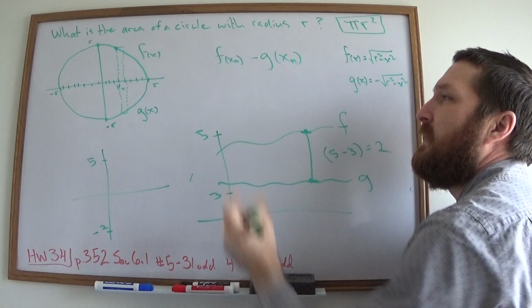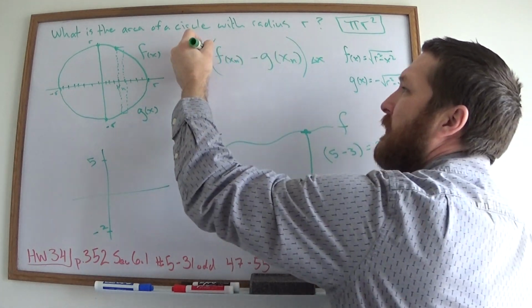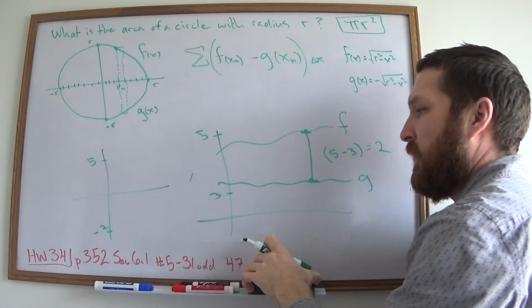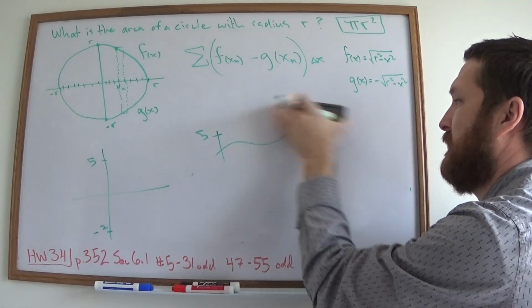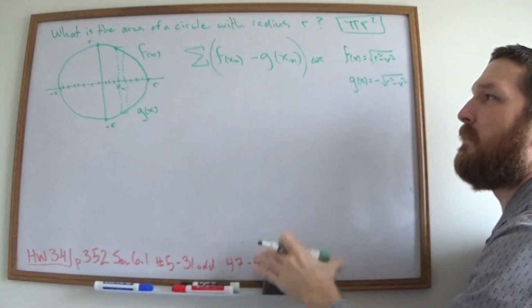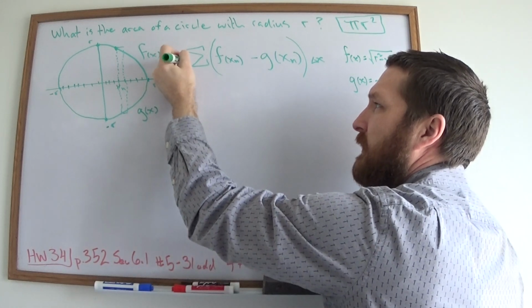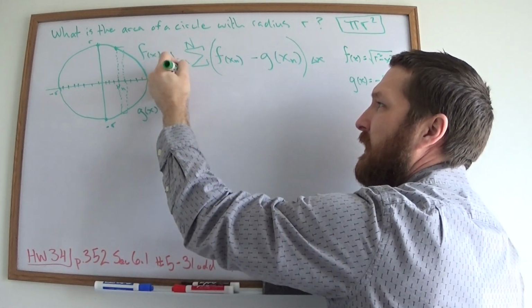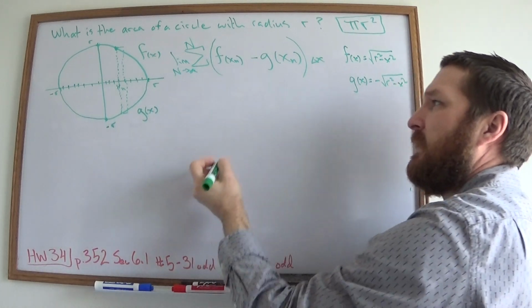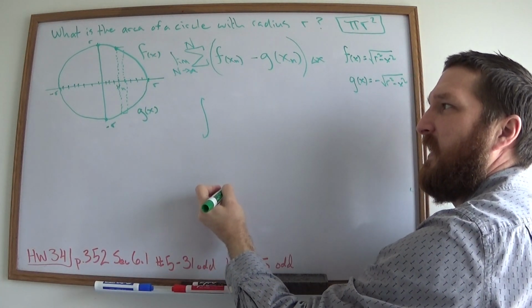All times delta x, and we take the sum, which in the limit becomes an integral. What integral does it become? I'm going to do limit, and big N up here, n goes to infinity. The integral of what?